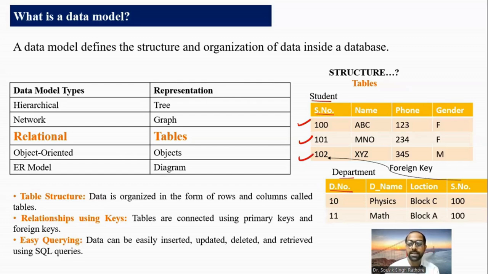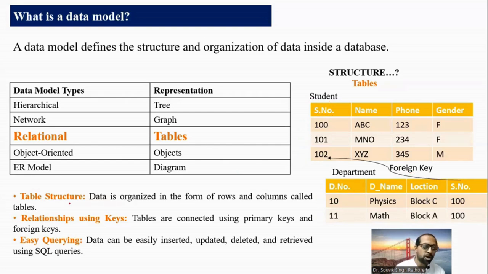In the department table, the department number helps in identifying each of these rows uniquely. The foreign key is the column that refers to the primary key of another table, creating a relationship between these two tables. So these two tables are connected with the help of the foreign key.